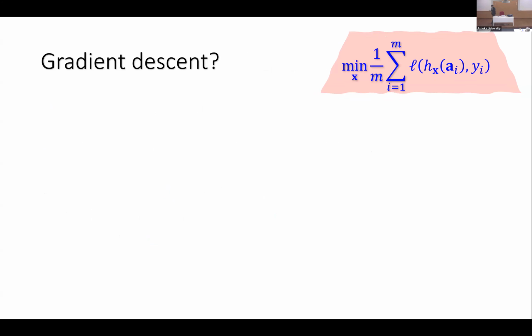So first of all, what would happen if we use gradient descent on it? For simplicity, let us denote f_i of x as this quantity. The reason I'm denoting it like this is because x is, after all, my optimization variable. So I'll just put f_i of x and hide everything else. a_i, y_i I have hidden because they are part of the data, so they are just included in the subscript i.